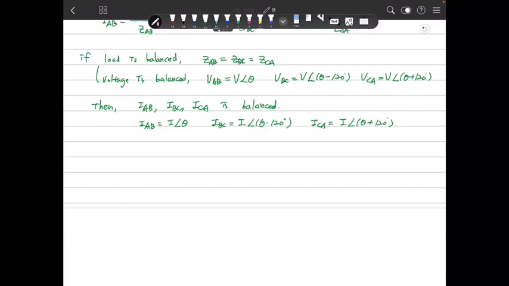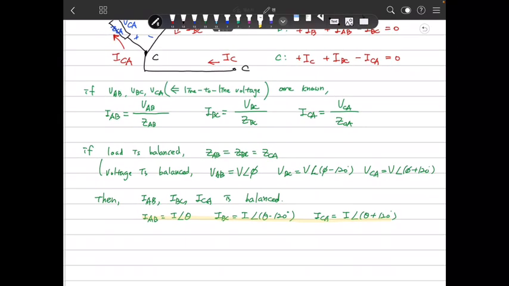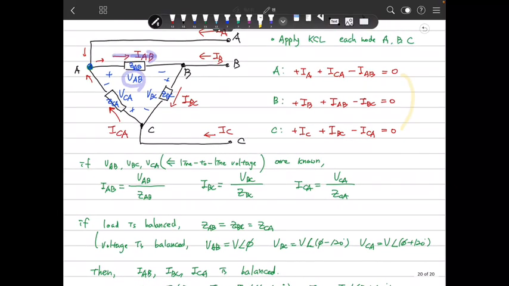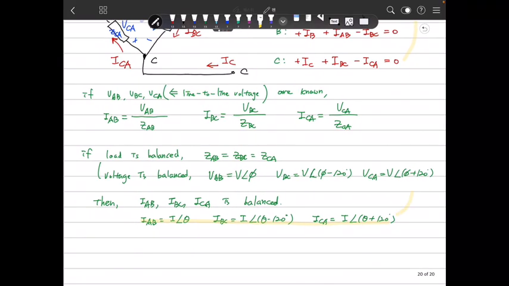Oh, I have an additional theta here, because the current angle is not theta. So I will change it to phi. Then we can apply this current here.